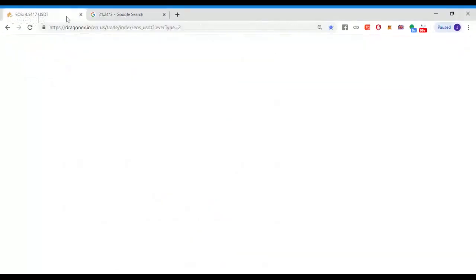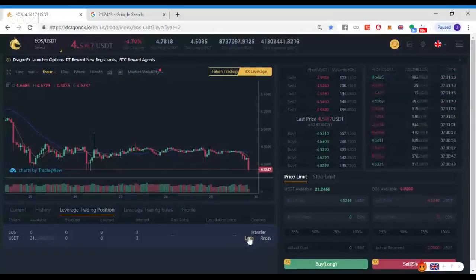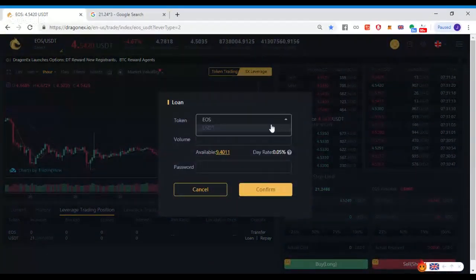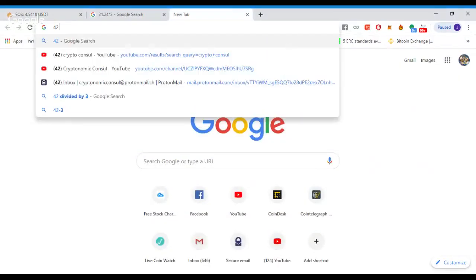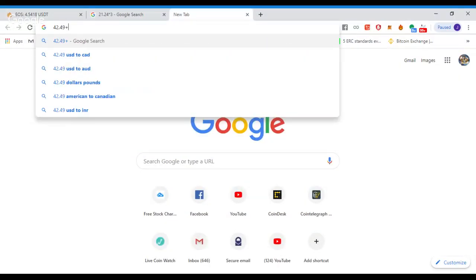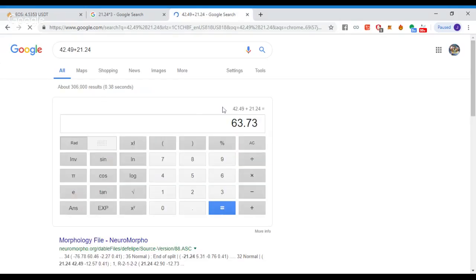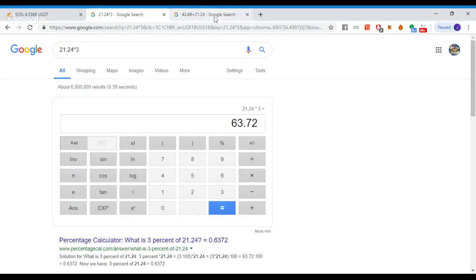Let's see if we loan a dollar amount. Let's switch this over to USDT first and foremost. It will give us $42.49, plus 124, which gives us $62.73.